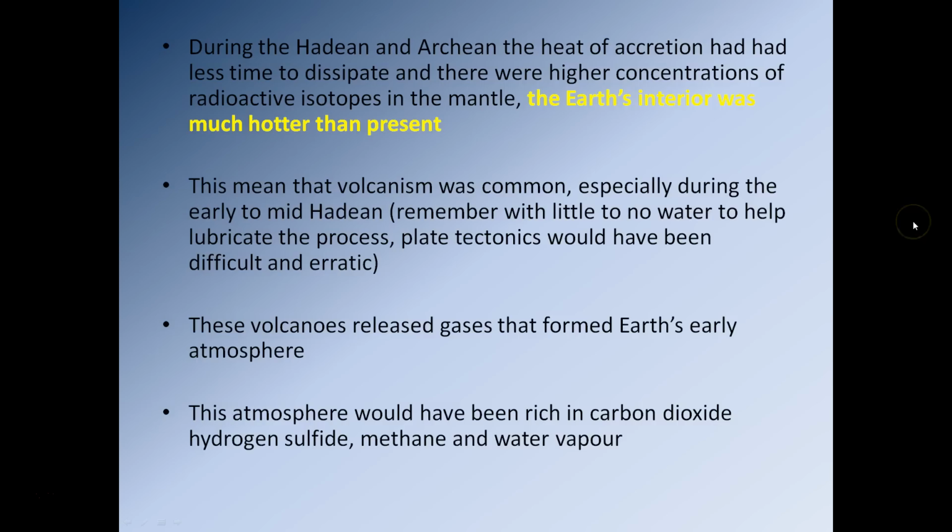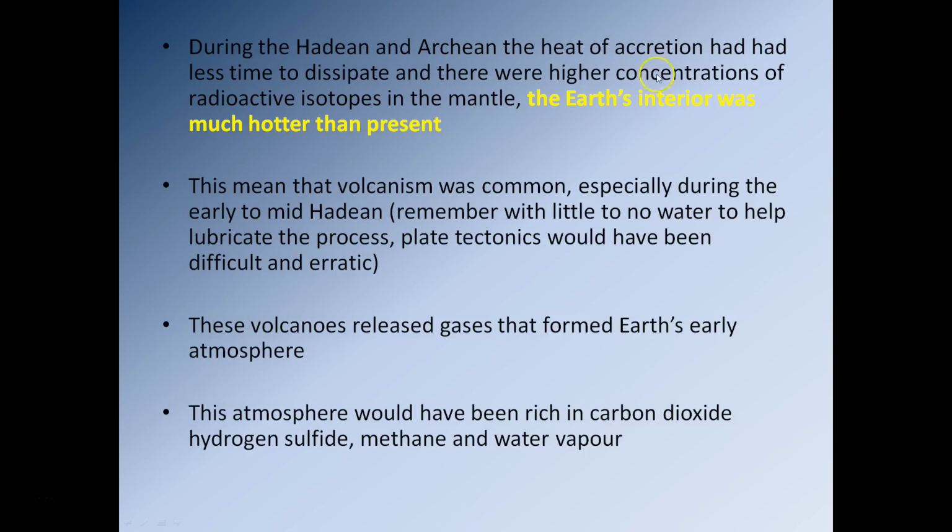So every time the Earth got hit by something, it would put a little bit of heat energy into the Earth. Now you have to remember, the Earth was formed by literally hundreds of thousands, millions, maybe even trillions of little impacts all coming together. So that's a lot of energy being added to the Earth, and that heat energy produced by all those little impacts is referred to as the heat of accretion.